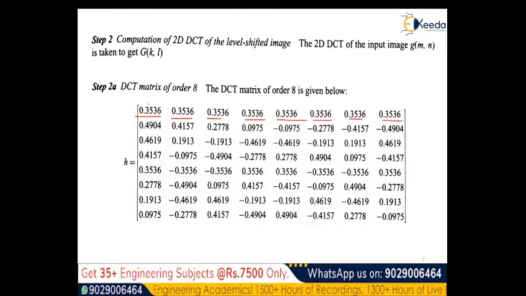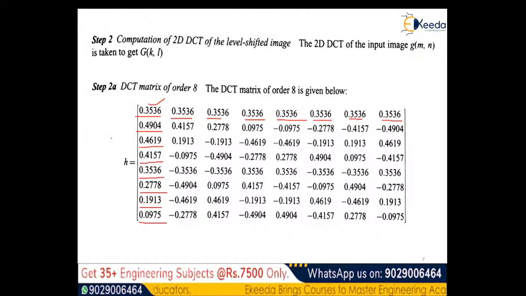The first entry we have already talked about. The second entry is 0.4904, the third one 0.4619, 0.4157, then 0.3536, 0.2778, 0.1913 and 0.0975.